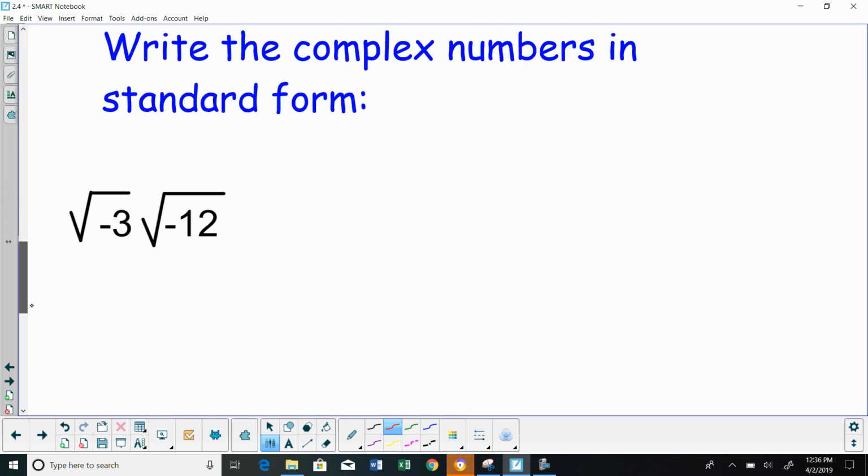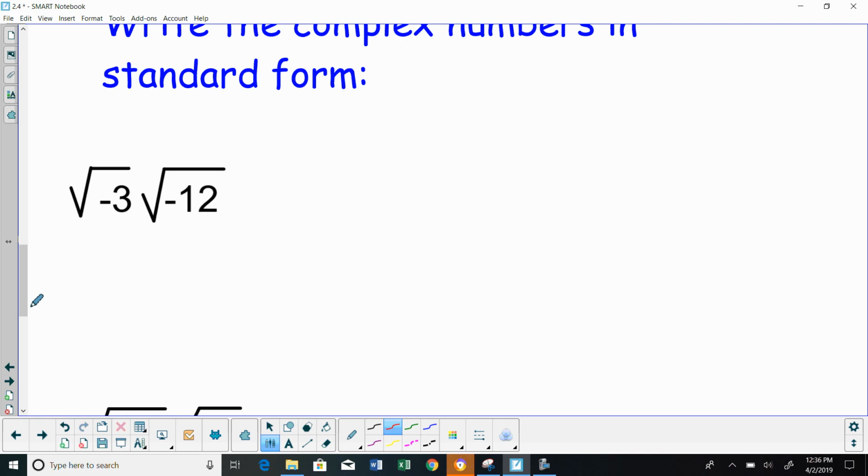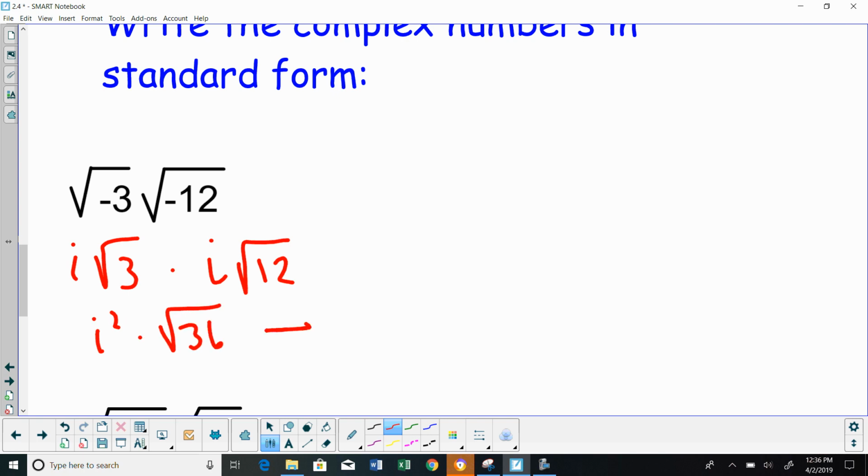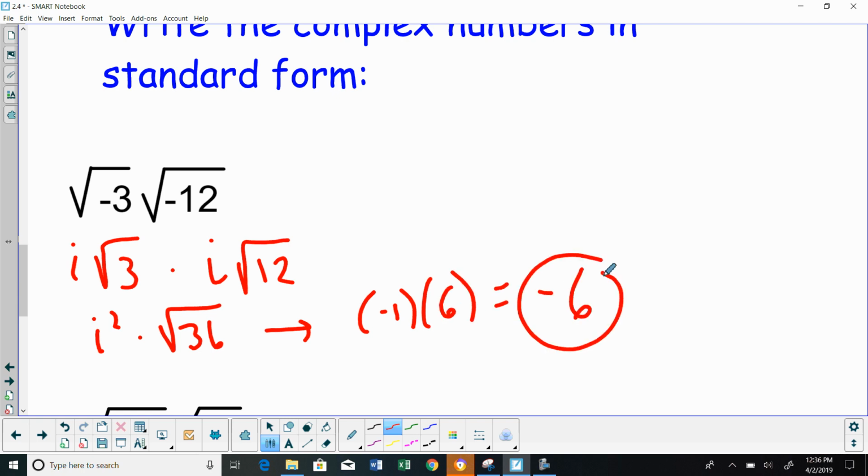All right, and so here, if I want to simplify this, I really have to think about square root of -3 as being i times square root of 3, and square root of -12 as being i times square root of 12, right? And so that gives me i squared times square root of 36. i squared is equal to -1, so I get -1 times square root of 36 is 6, so this is really equal to -6.